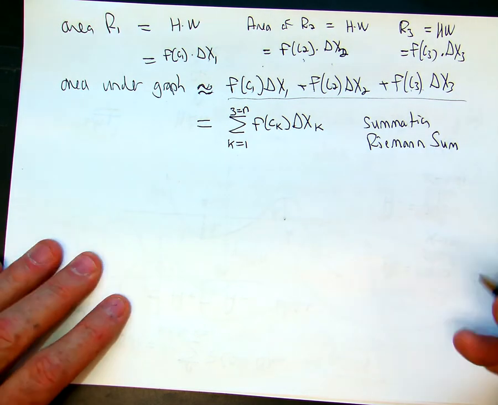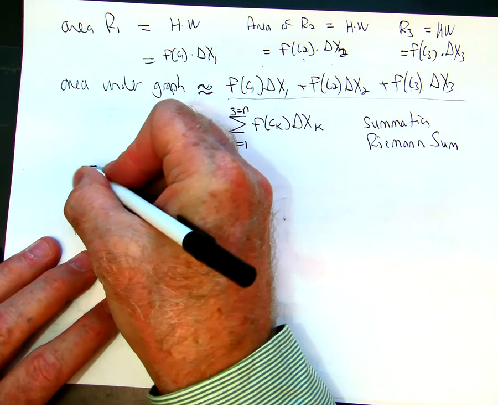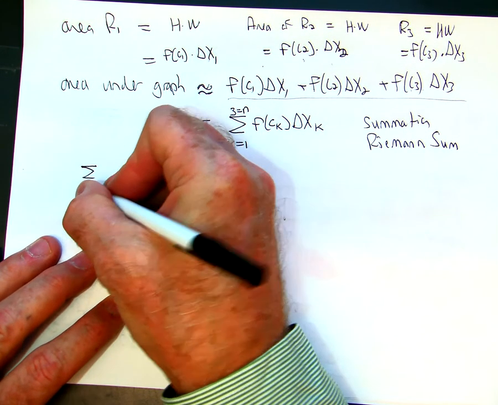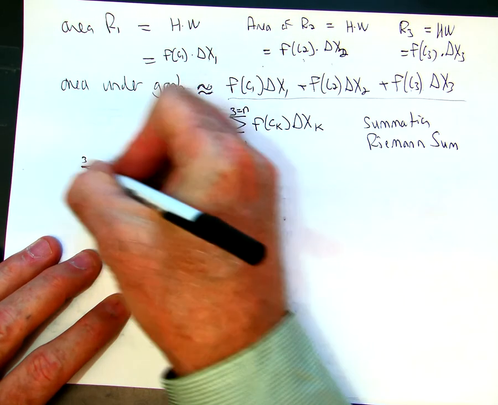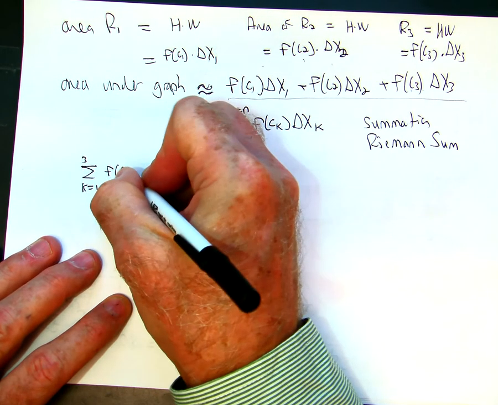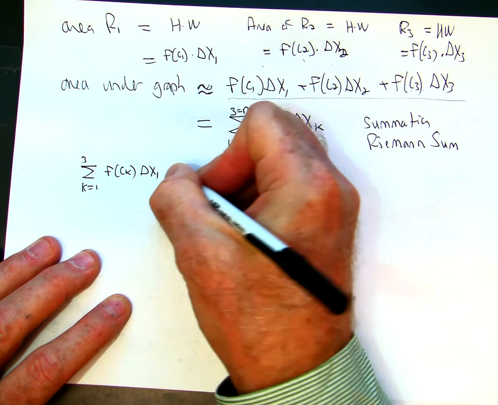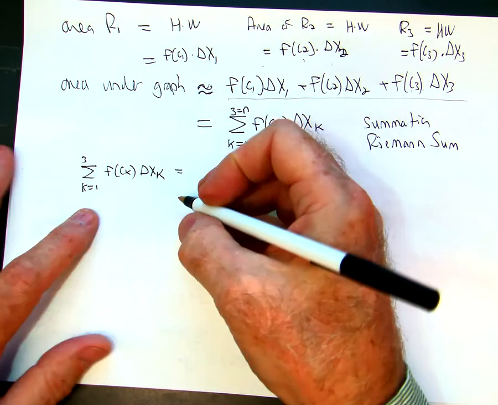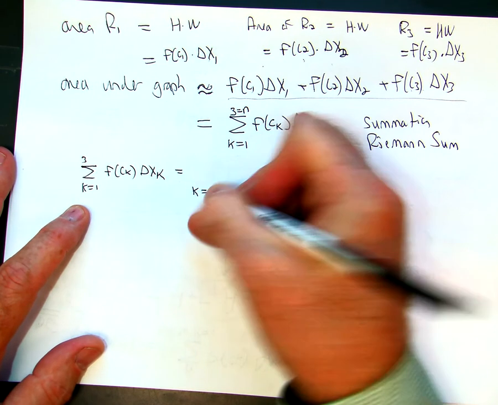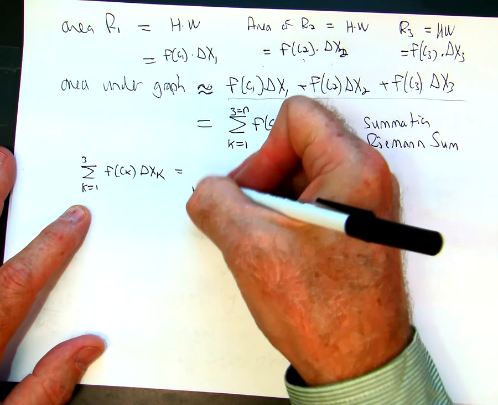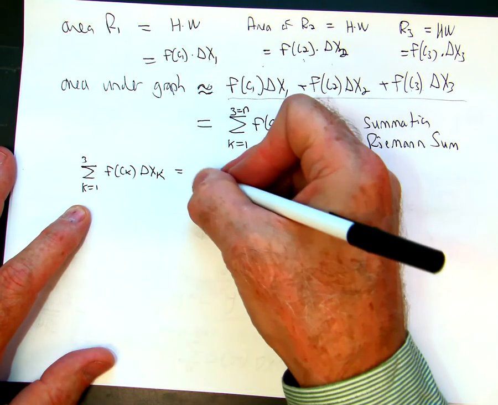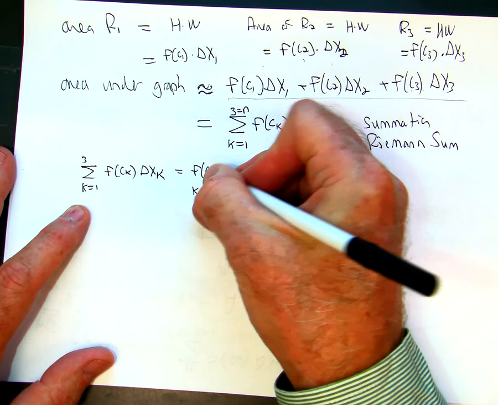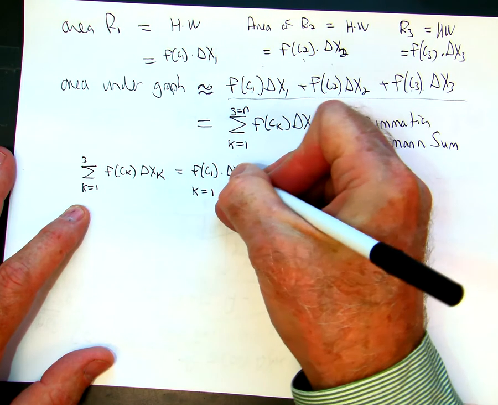Let me explain the notation. If I give you something like this, pretend you haven't seen this before, then the way I think of the summation is first you let k equal 1. Wherever there's a k here, I plug in 1. So I get f of c1 times delta x1.